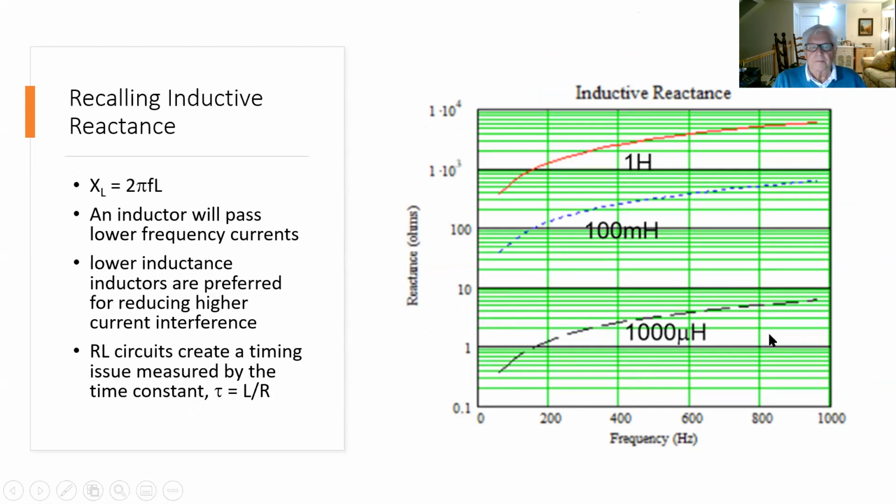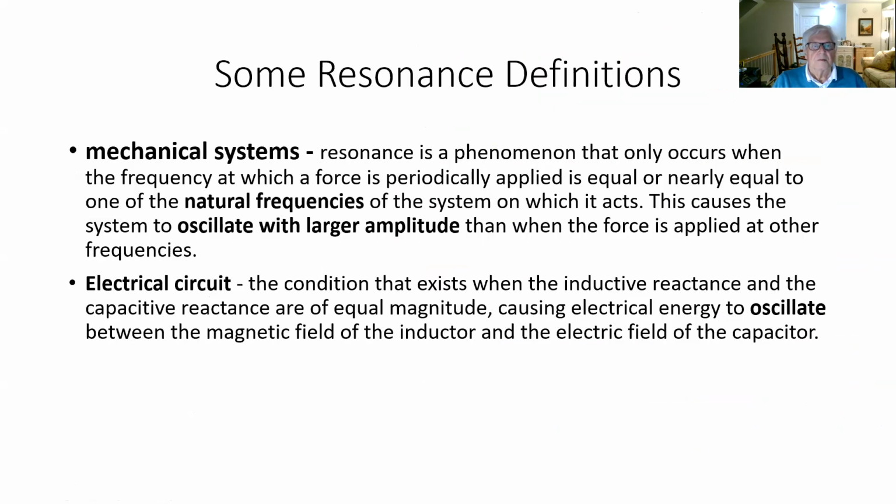So you get high reactance at higher frequencies and lower reactance at lower frequencies for inductive. So they are opposite to one another. Everything is going to be based on the sensitivity of a capacitor or an inductor, or a combination, to what kind of signals we're going to get out of the circuit.